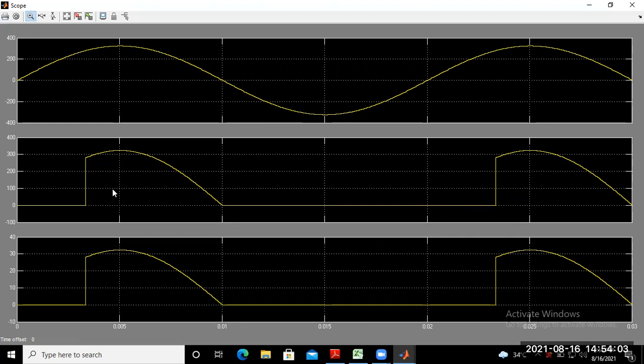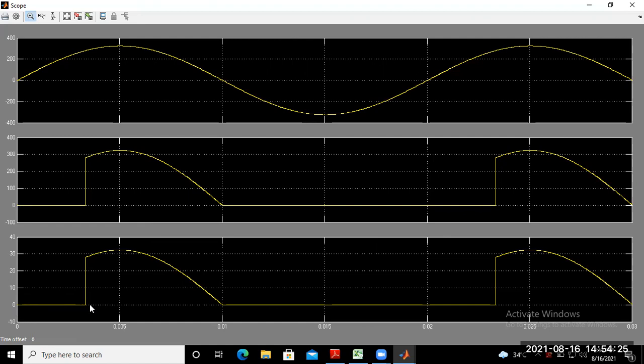Again the maximum value is almost 323. Okay, and this is your output current waveform, similar to the output voltage waveform for the pure resistive load. So we consider here pure resistive load, so output current is also similar to the output voltage waveform.